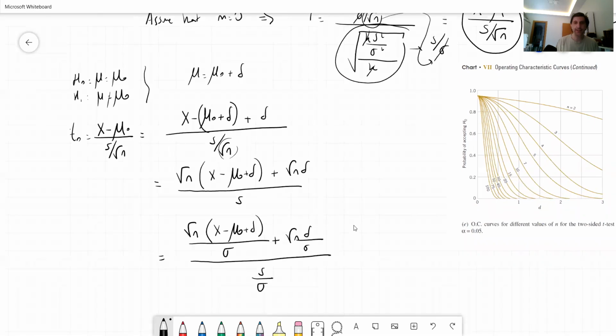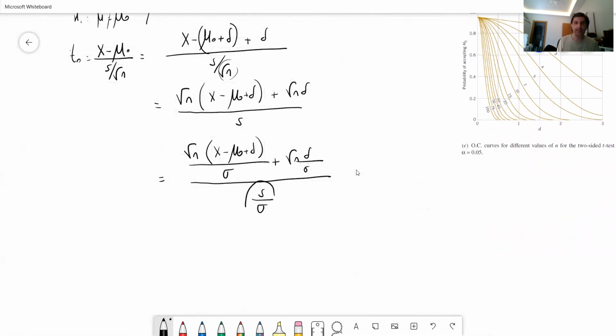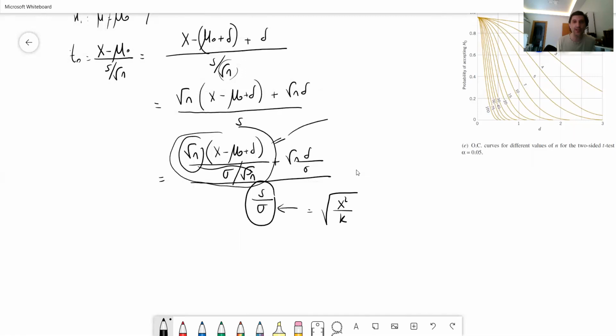Now note that this part is equal to, as I've already shown you, the square root of X squared over k, the chi-square random variable divided by its degrees of freedom. This part, if you take it and put it down in the denominator with the square root of n, this whole thing is going to be our Z0, a standard normal distributed random variable. Why is that so?